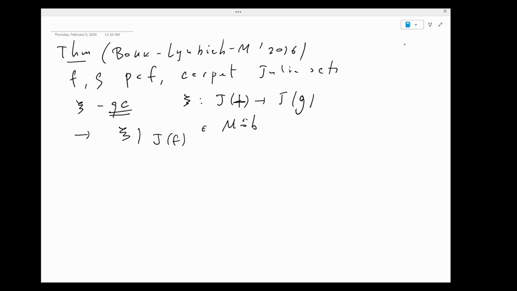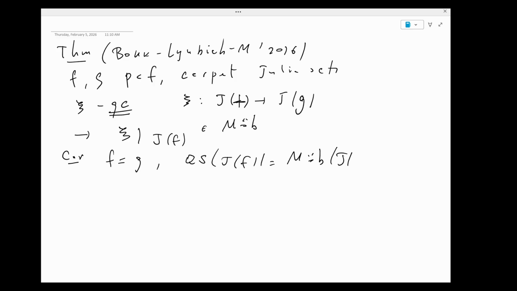I will mention a couple of corollaries. One corollary is that if F equals G, then the quasi-symmetry group of the Julia set, again, I'm not defining quasi-symmetry, but you can think of it as just a restriction of a global quasi-conformal map to the Julia set, is the same as the Möbius group.